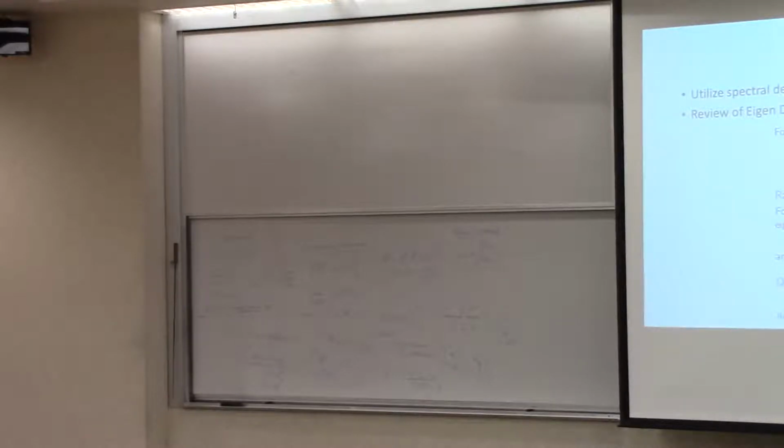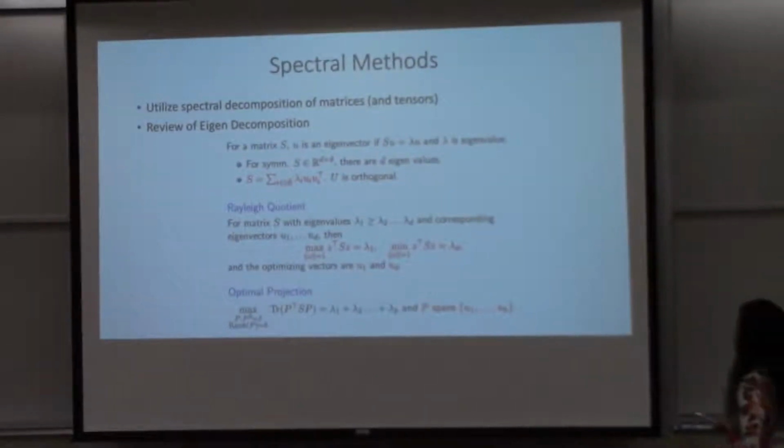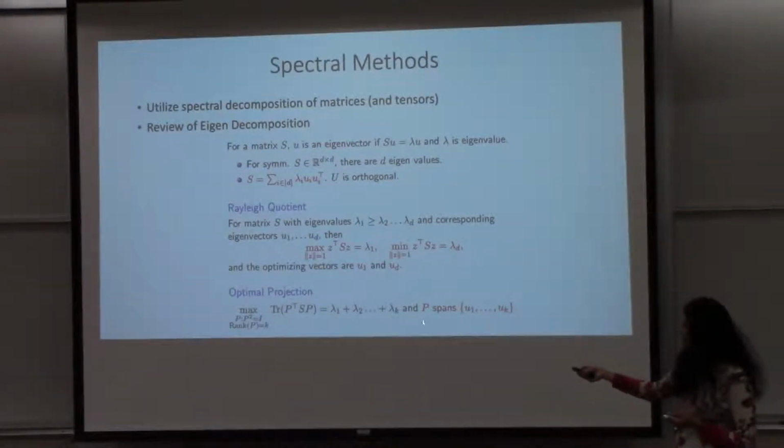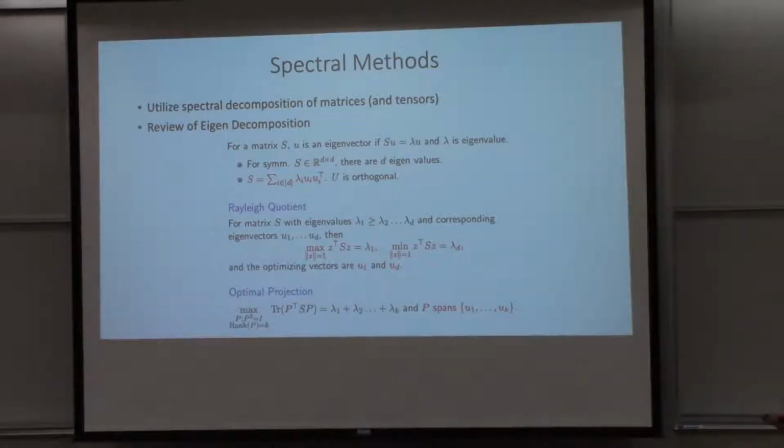So this is the projection principle: if you want to maximize the trace of the projection, that is P transpose S P, the result will be P spanning the top K eigenvectors. What we saw was for K equals 1, but you can also extend it to a general K. So this is the projection principle, but how do we use this in machine learning?